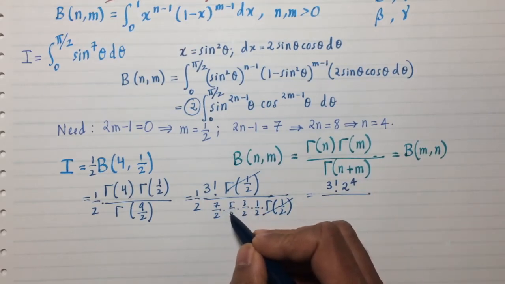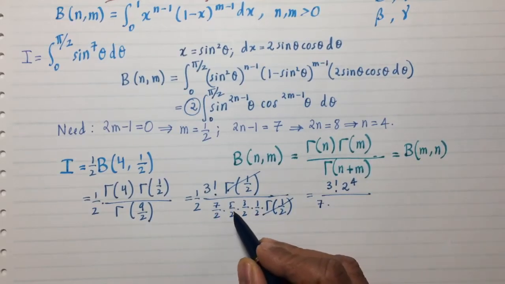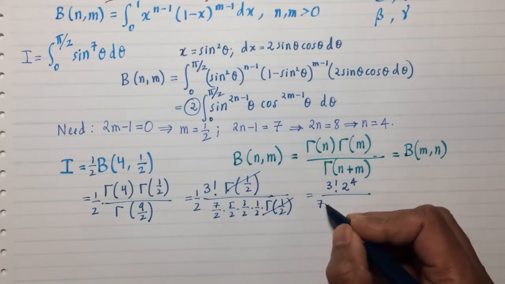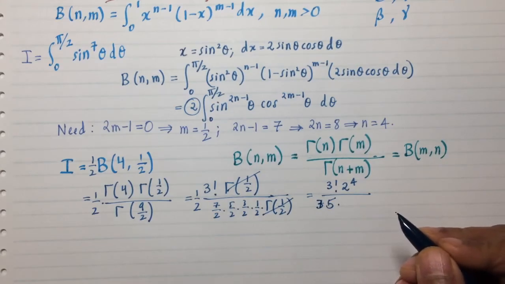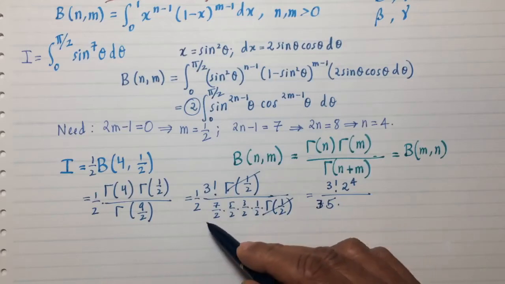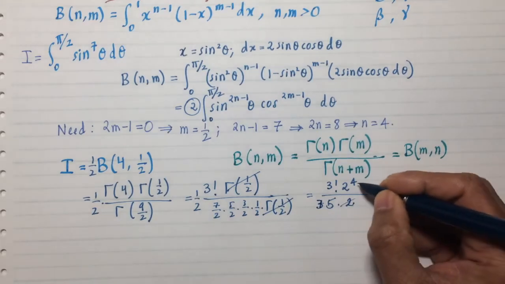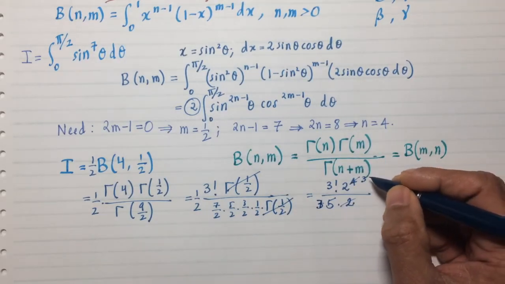I'll keep 7 as it is. 5 times 3 is 15. 15 times 7 is 35, so I'll write 35. And then there's another factor of 2, I guess. So that was not super efficient. 15 times 7, 35. So there's another factor of 2. So that's going to give me 2 cubed, which is 8.